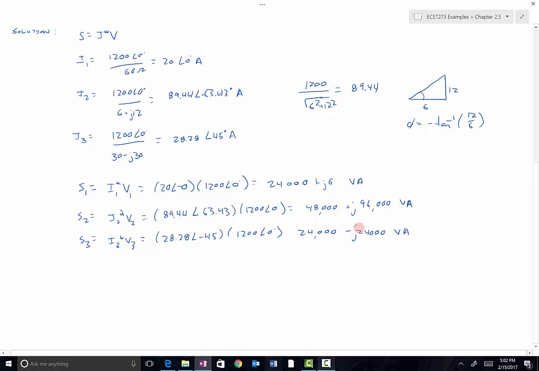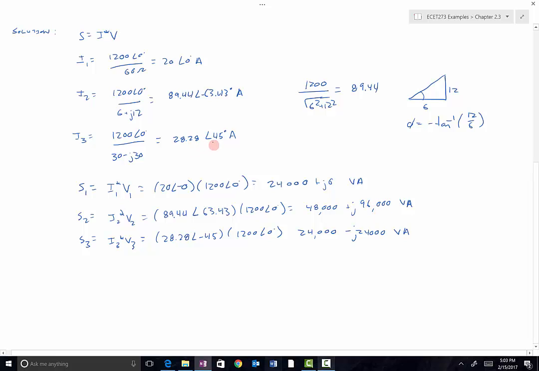Quick sanity check. I had a purely resistive branch. The current and voltage were in phase. I got all real power. I had a resistor in series with an inductor. The current lags the voltage by 63.43. I get 48,000 watts and 96,000 VARs absorbed.